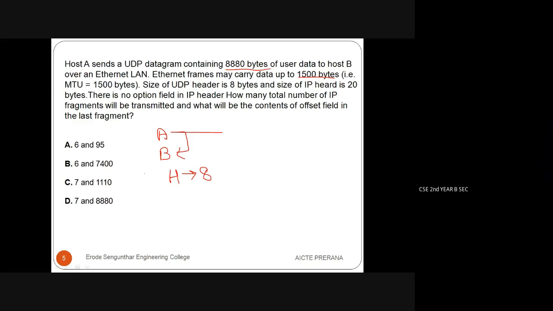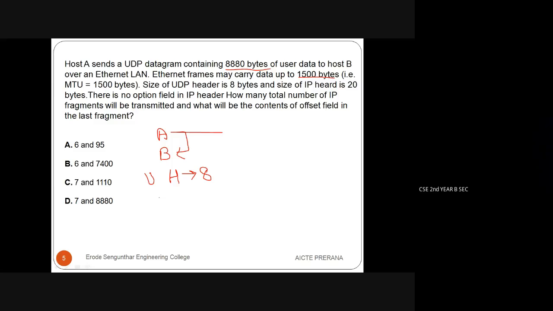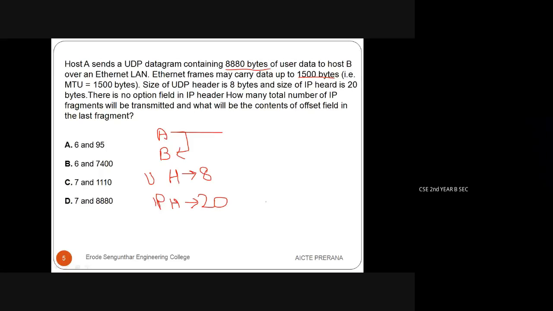In the frame format we will have a head and tail. There is no option field in the IP header. How many total IP fragments will be transmitted, and what will be the content of the offset field in the last fragment?